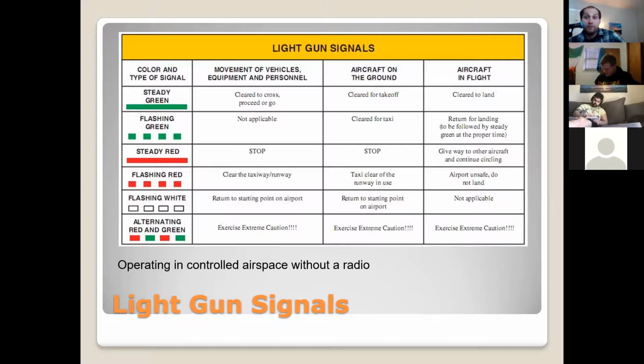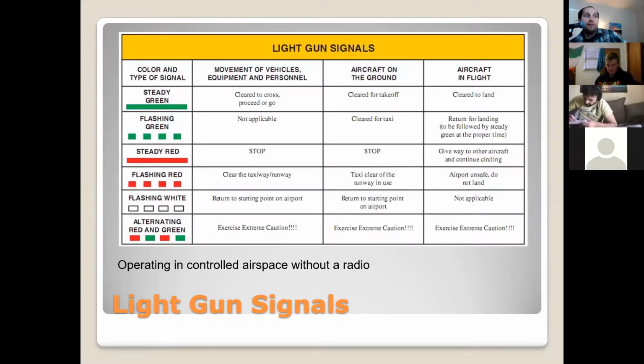So if you need to taxi your airplane to get to the active runway, you look up and you see that there's a flashing green light, you are clear to taxi and you can start moving your aircraft beyond that movement, non-movement boundary. You can cross the single dash and start making your way to the active runway. That is the flashing green light. That's aircraft on the ground.